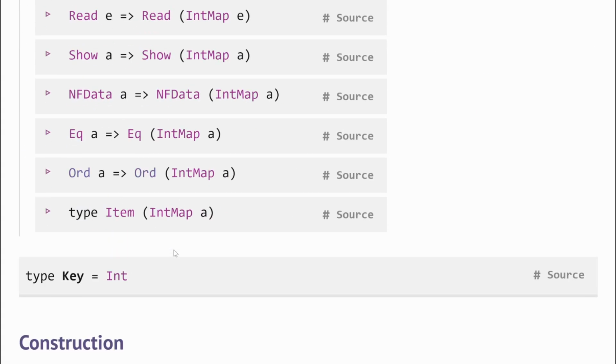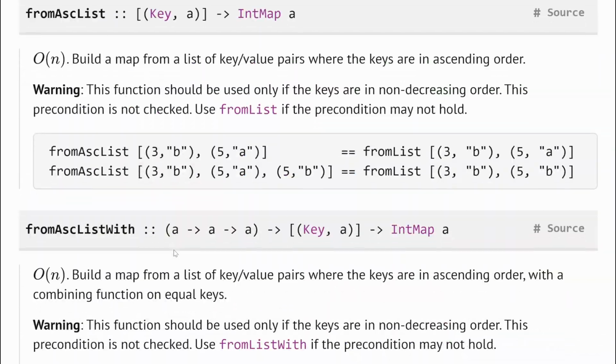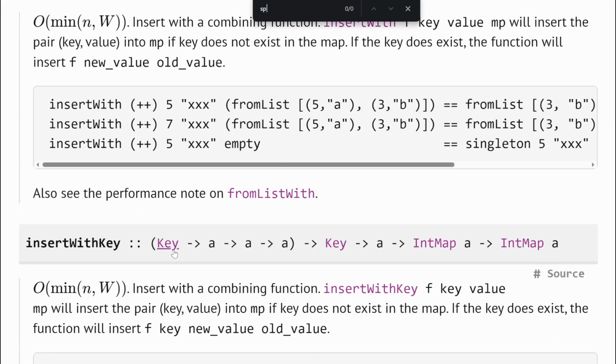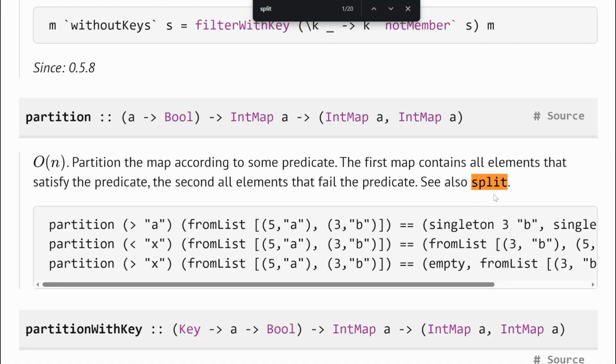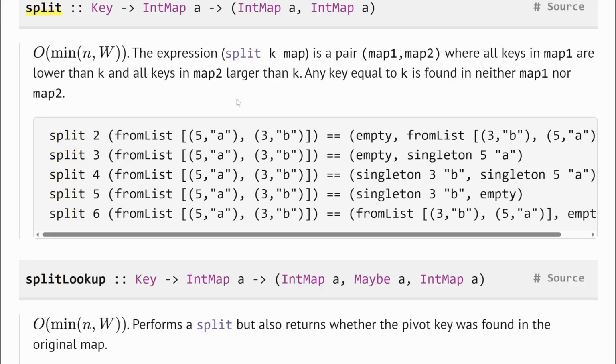So if it says min of n and w, it's basically saying constant time. Right, this. If your n is large and w is 64, this is order 64, which is order 1. But if your n is very small, it's a bit more efficient than that, I guess. Sure, whatever.